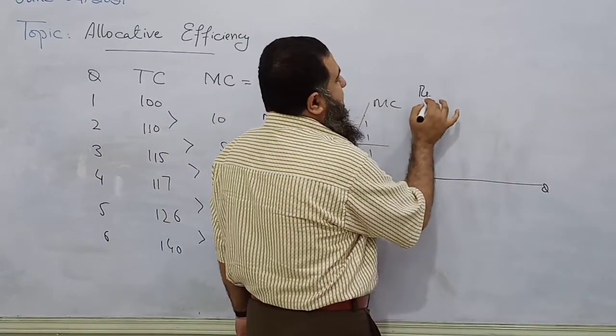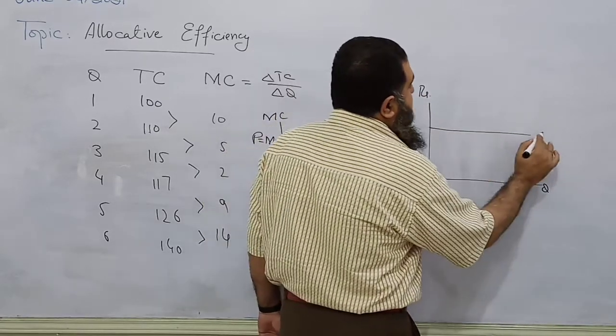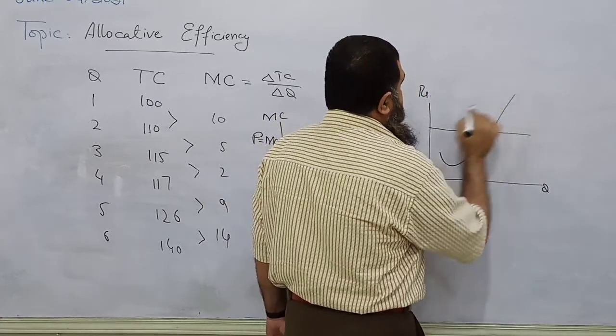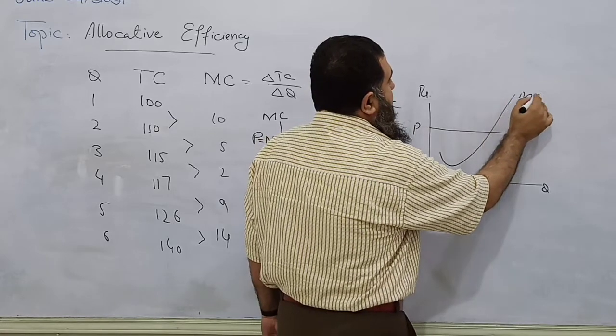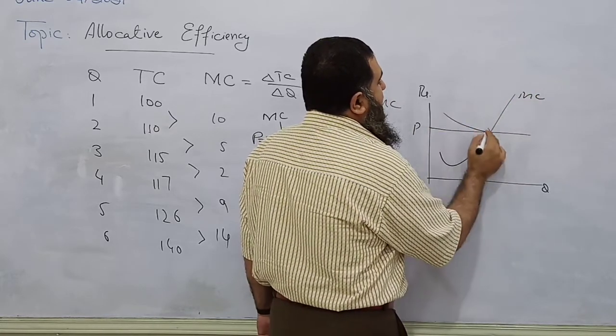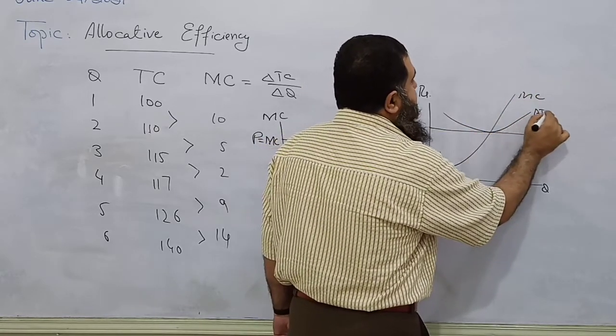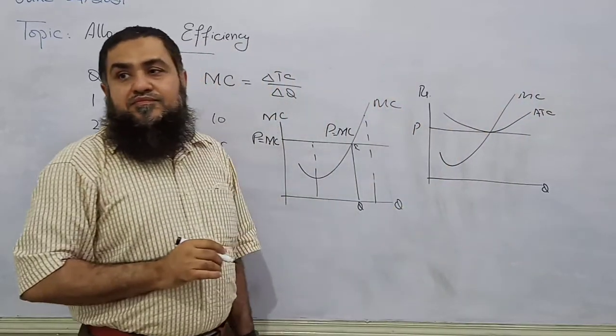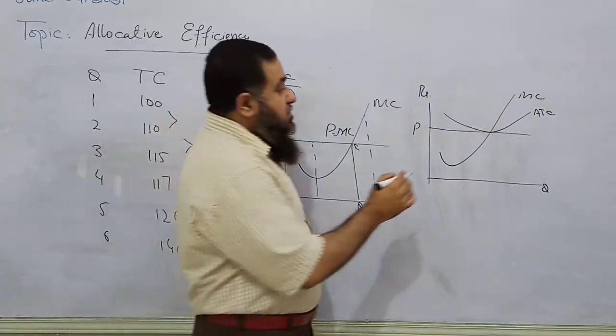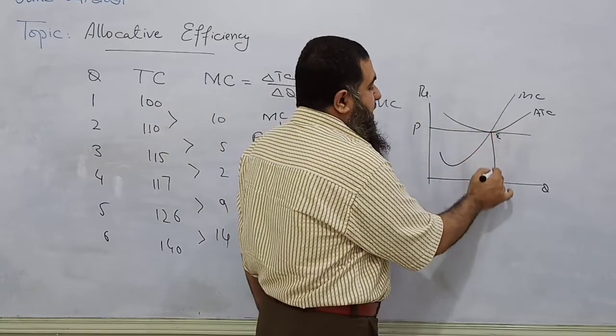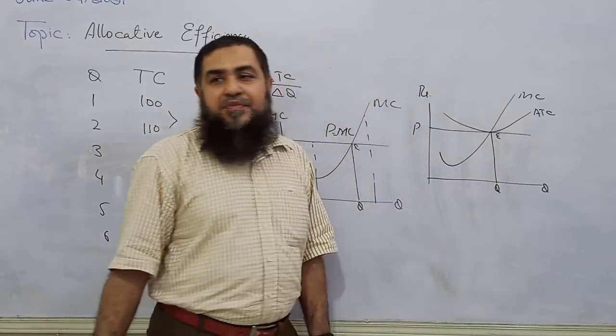Now I am taking 100 rupees. This is the price of the product. This is the marginal cost. So if I draw the average cost over here at the same point, this is the equilibrium point of output produced.